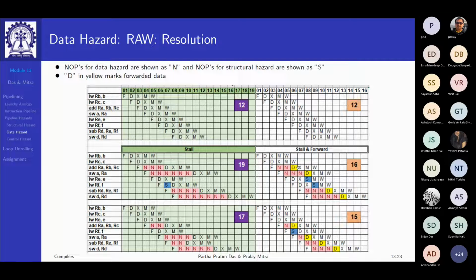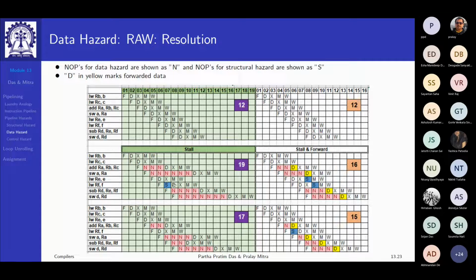So with forwarding, we can reduce the number of stalls here, and take it to the decode stage of the store of RA in cycle 8 itself. So we have fewer stalls.